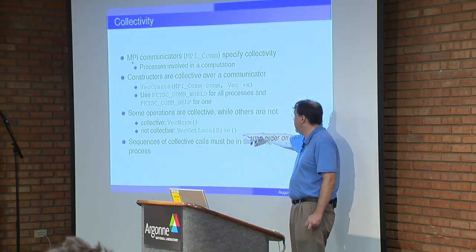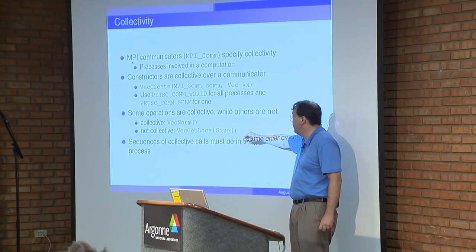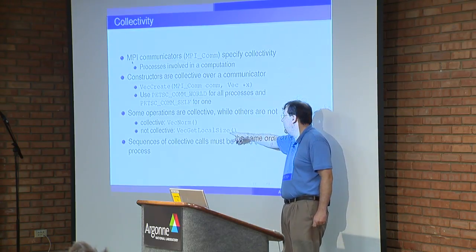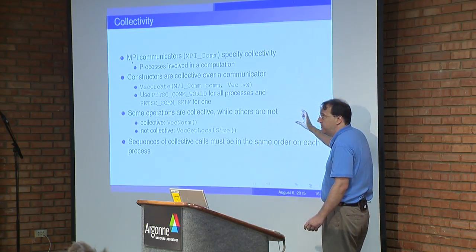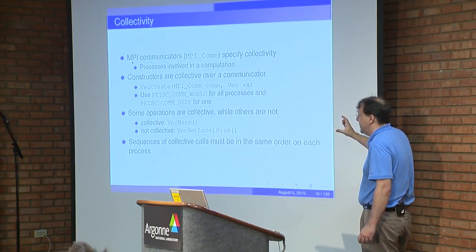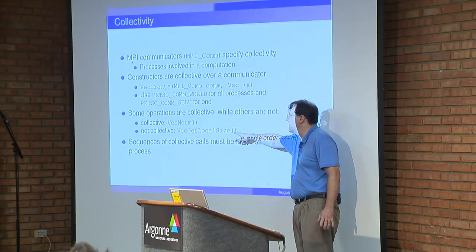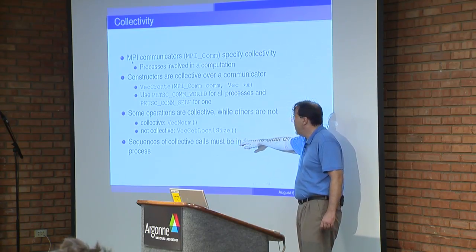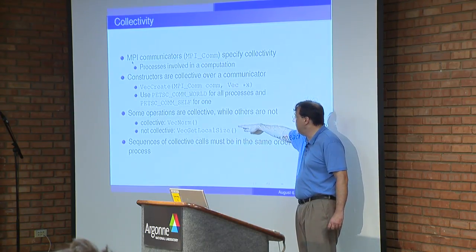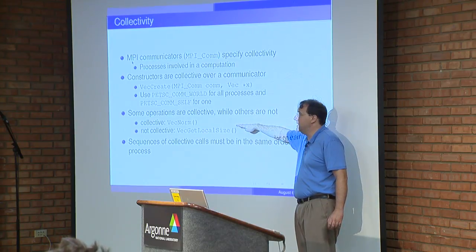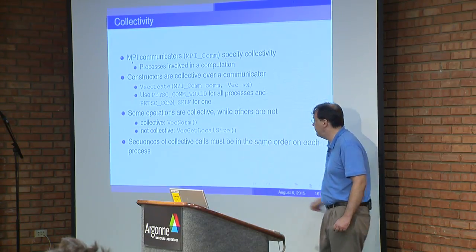Then there's lots of other operations that are not collective on objects. So VecGetLocalSize, which tells you how large a piece of the vector is on that one process, doesn't require any communication. Each process can call this independent of the other processes. And we have many of these functions. In our documentation, they're all labeled as collective or not collective.